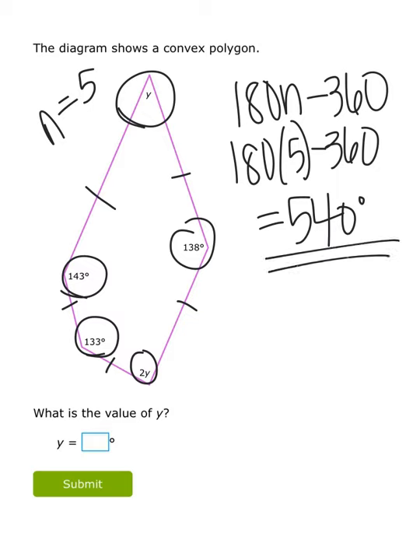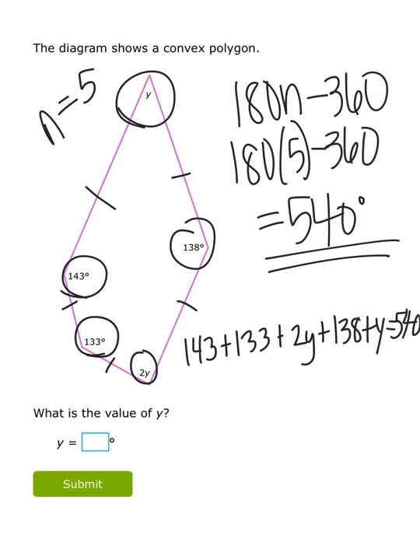So let's go ahead and write an equation for that. I know 143 plus 133 plus 2y plus 138 plus y has to equal 540 degrees. So let's go ahead and simplify this.